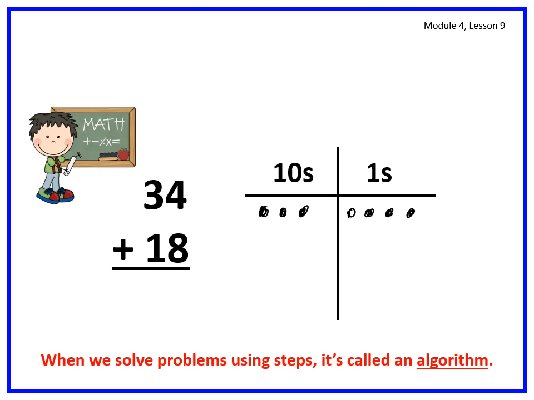So there I've added 3 tens and 4 ones to represent 34. And 18: 10, 11, 12, 13, 14, 15, 16, 17, 18. And now I have 1 ten and 8 ones to represent 18.